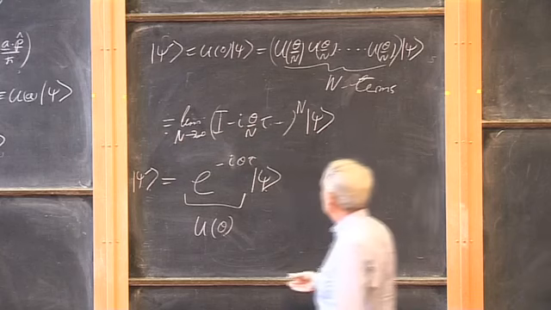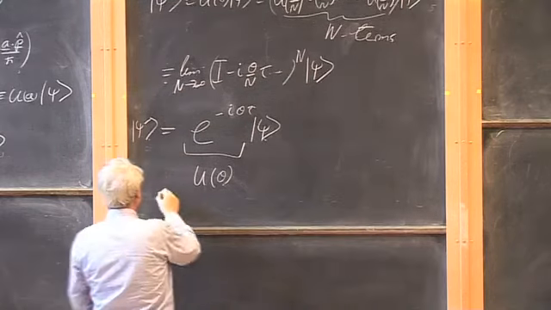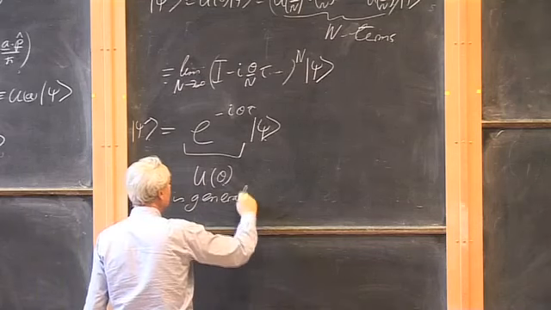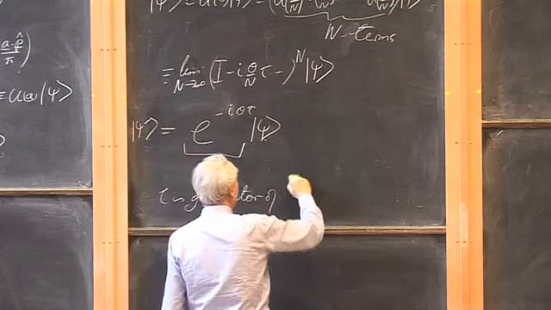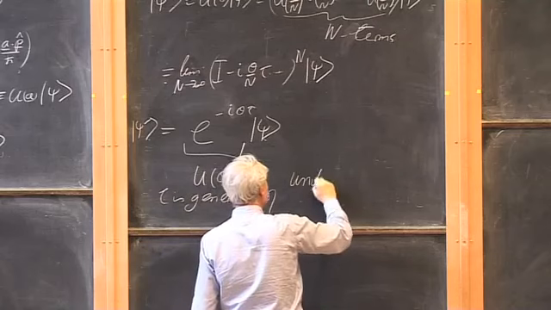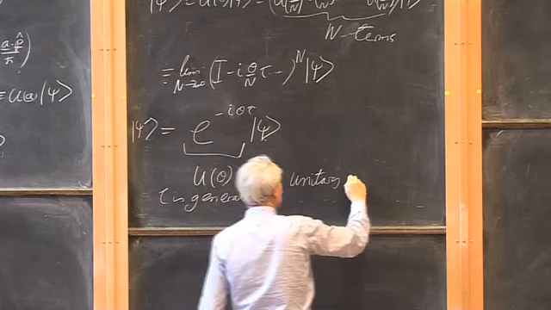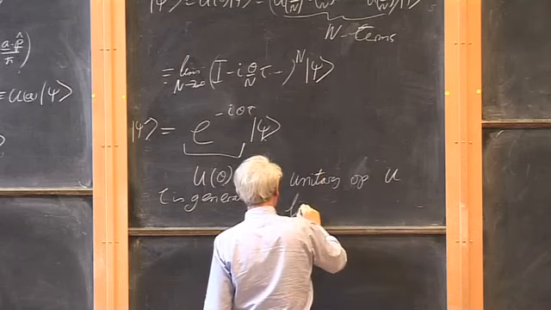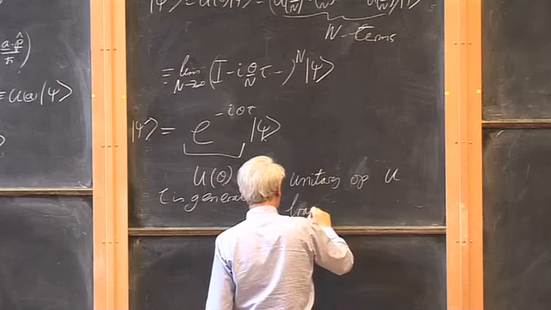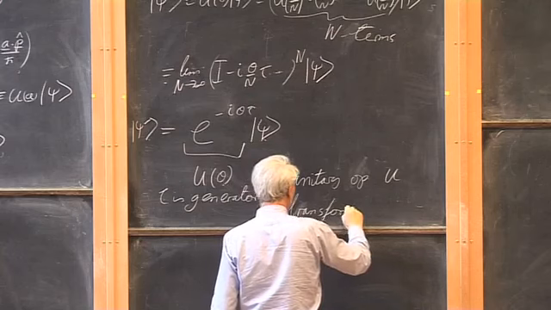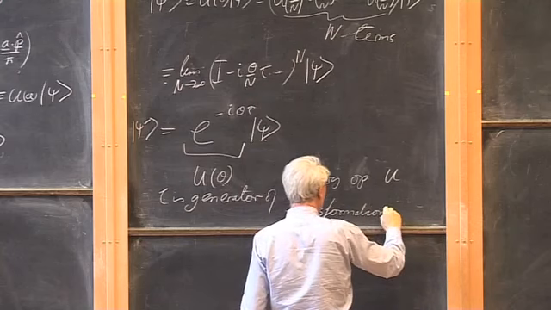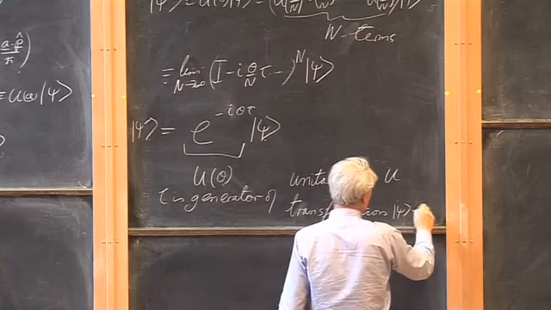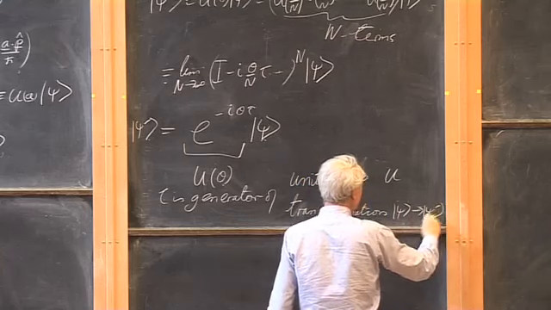What do we say? We say that tau is the generator of both the unitary operator and the transformations psi goes to psi primed. We say it's the generator.